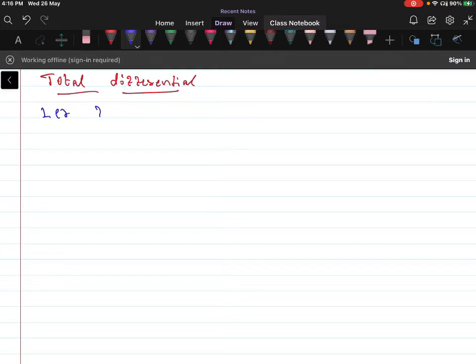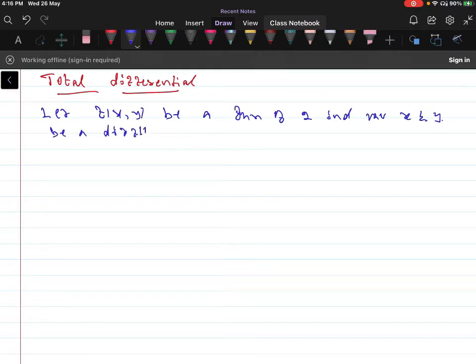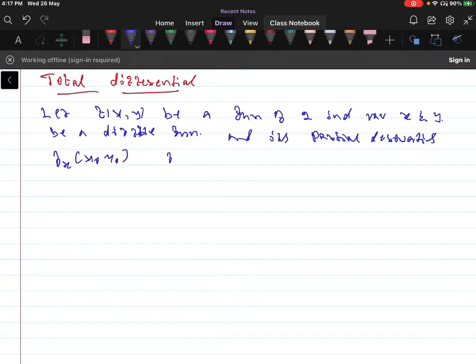Let f of (x, y) be a function of two independent variables x and y, and be a differentiable function, and its partial derivatives fx at the point (x naught, y naught) and fy at the point (x naught, y naught) exist. Partial derivatives are existing at the point (x naught, y naught).